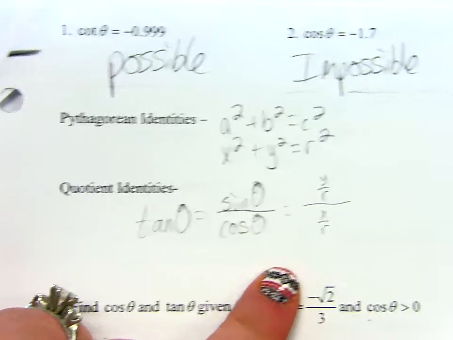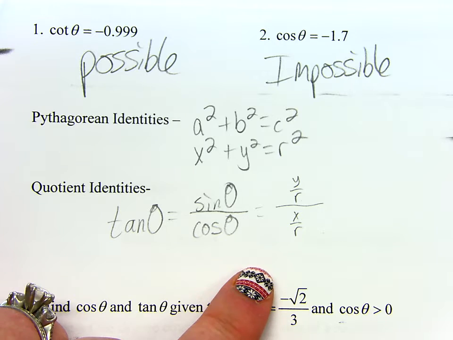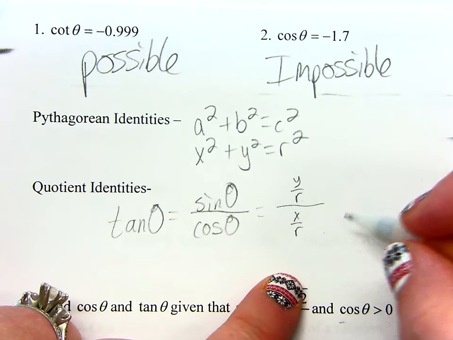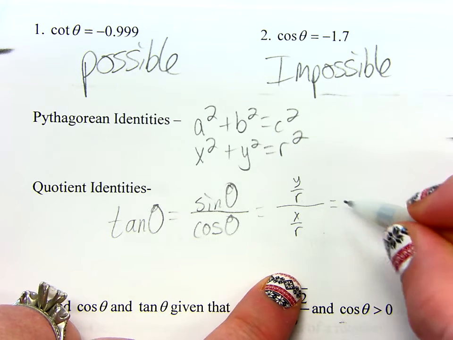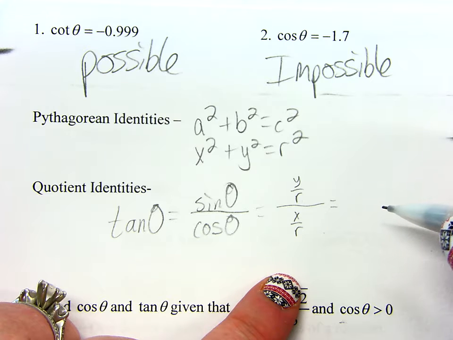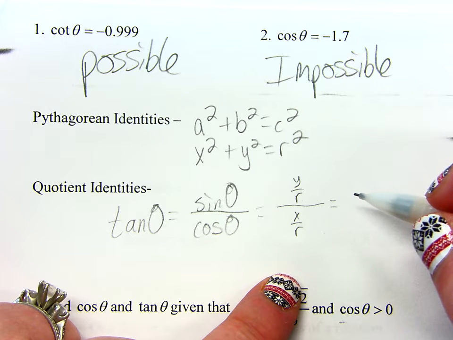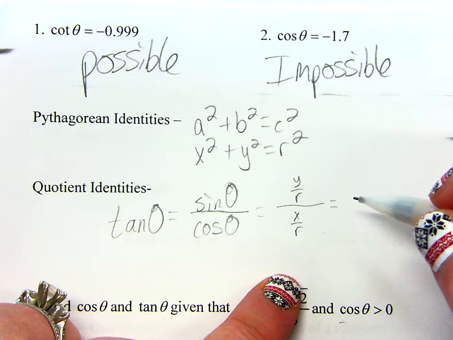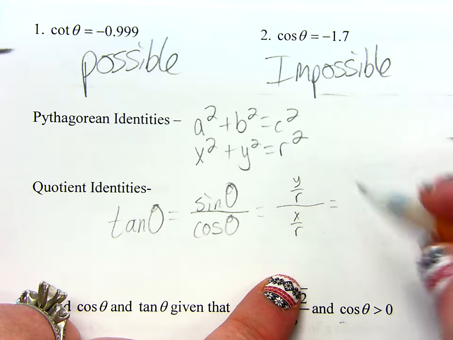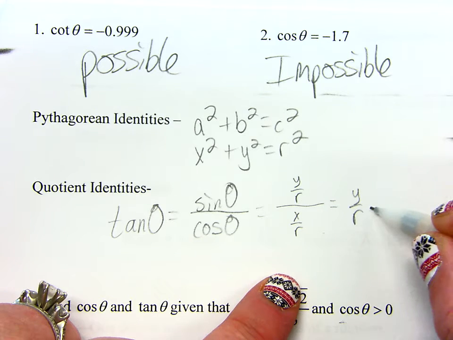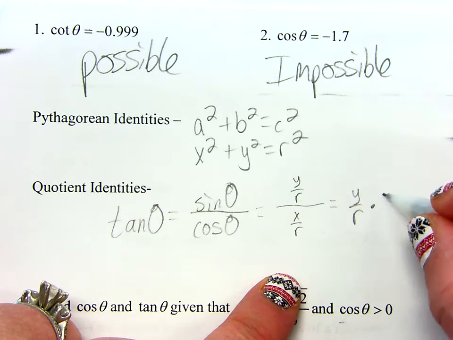What do you do when you divide a fraction by a fraction? Instead of dividing by a fraction, isn't that the same thing as multiplying by the reciprocal? You remember keep, change, flip? You keep the numerator, you change to multiplication, and you flip the denominator over.